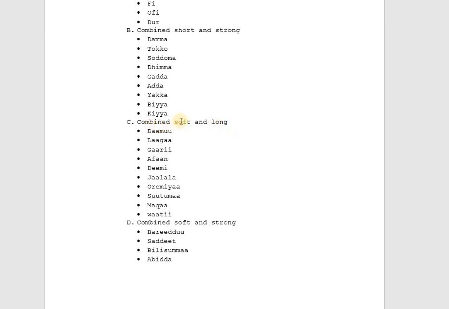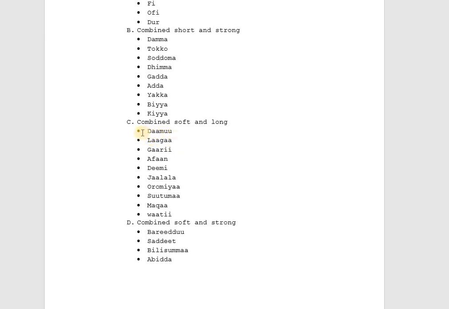Soft means there is no strong sound that we speak deeply, and long means we stay longer on the sounds, so we repeat the vowels. Sorry.